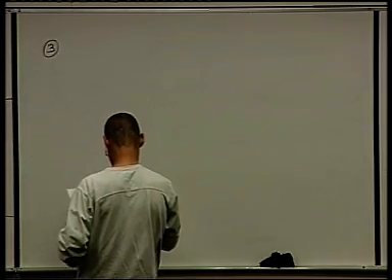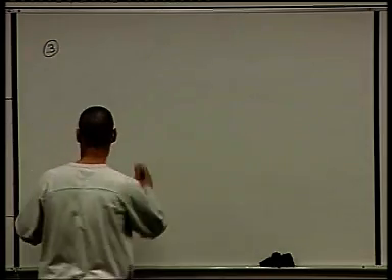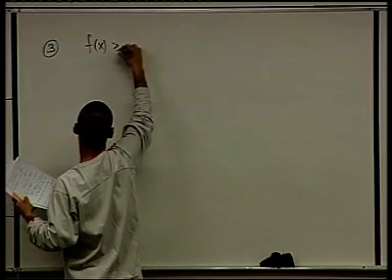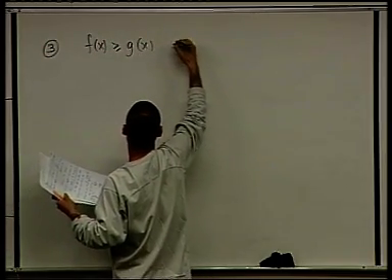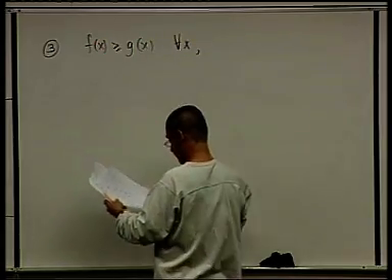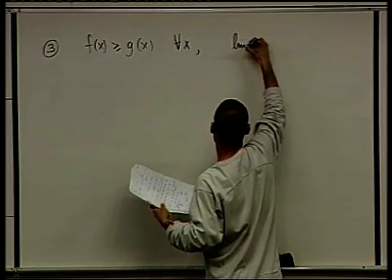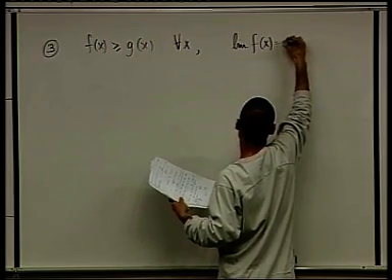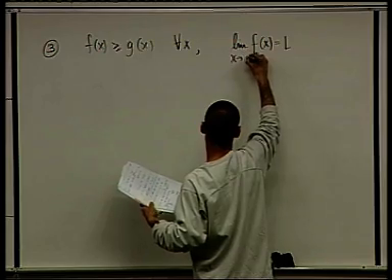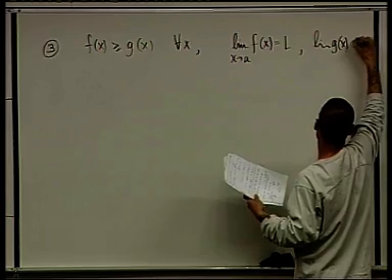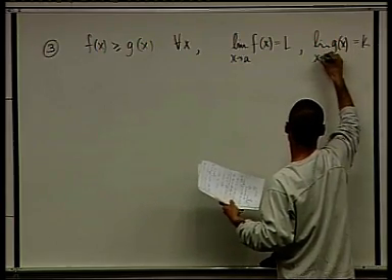And the statement is the following. So if f of x is greater than or equal to g of x for any x, and the limit of f of x is L as x approaches a, and the limit of g of x is k as x approaches a.